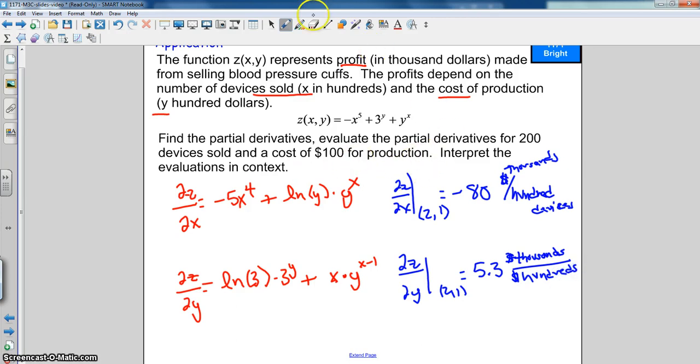And then the last part of this problem says interpret the evaluations in context, and really by doing the units that's all you need.